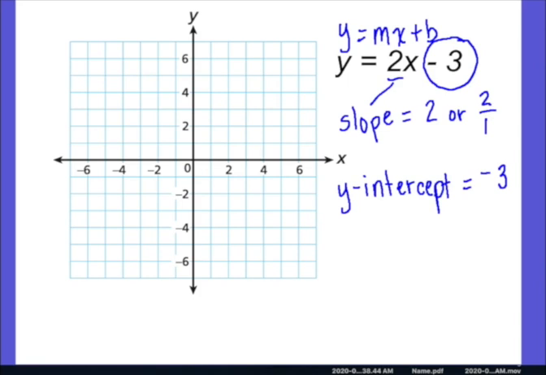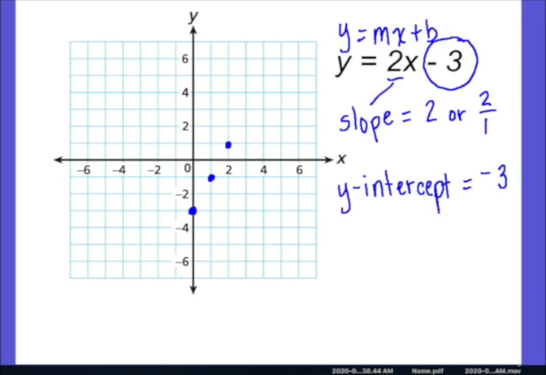So now that we have all of this information, let's go ahead and graph it. I'm going to start with the y-intercept and plot that point. Then I'm going to use my slope, and I'm going to rise 2, run 1, and put a point. And I'll continue this a couple of times.